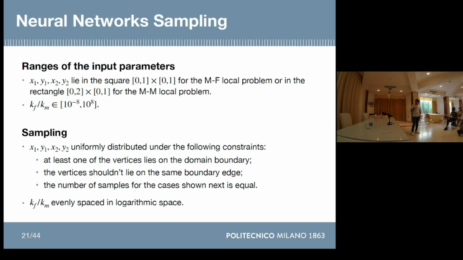These coordinates have been chosen so that they satisfy some specific constraints. At least one of the vertices should lie on the domain boundary. The vertices of the fracture shouldn't lie on the same boundary edge, and the number of samples for the cases that I will show in the next slide should be equal. Moreover, the permeability ratio has been chosen to be evenly spaced in a logarithmic way.